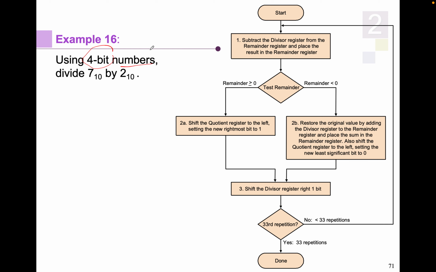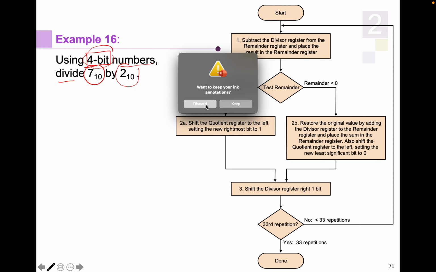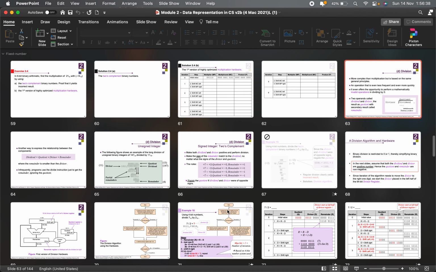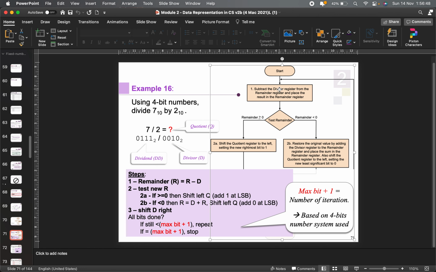If altogether it's 5, then it's until 4 times. Divide 7 by 2. Let's take a look. Before that, I need to copy this flowchart so it's easy for you to refer to and see inside the example.